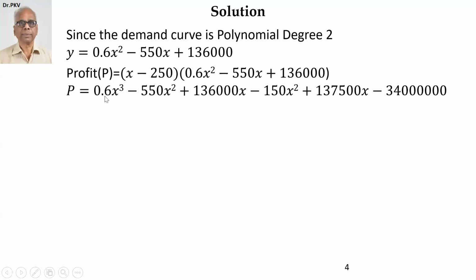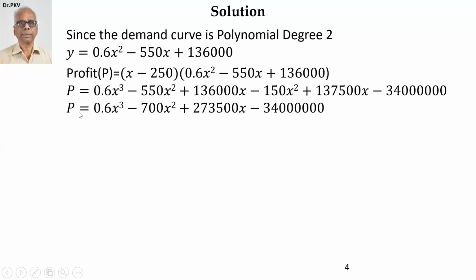So this equation, upon opening the two brackets and simplification, is equal to 0.6x cubed minus 700x squared plus 273,500x minus 34,000,000.